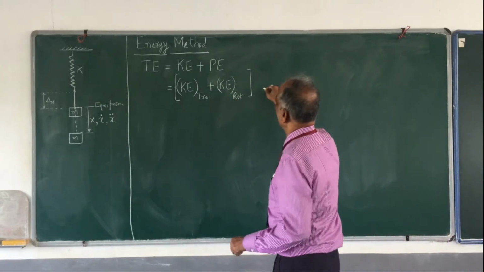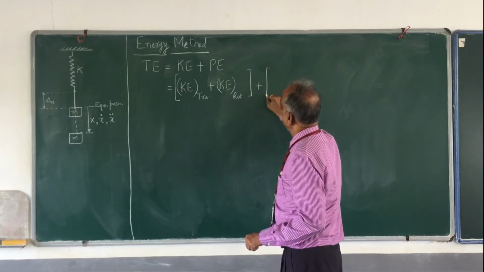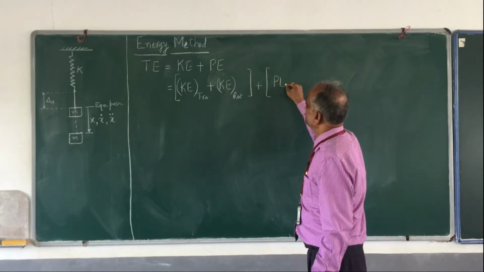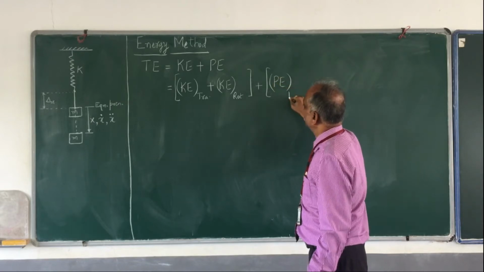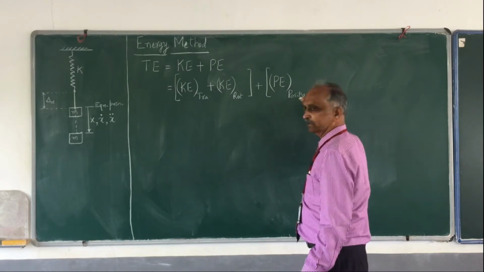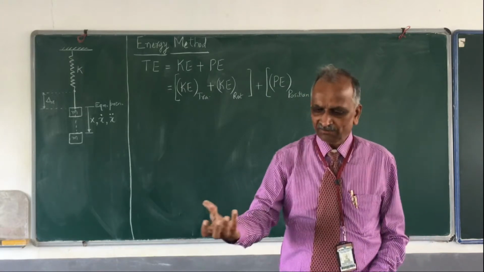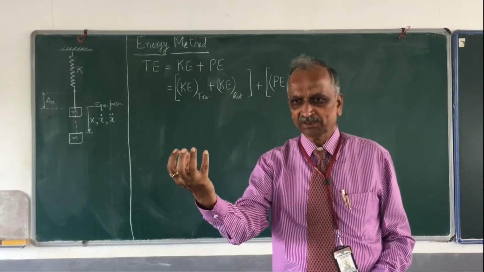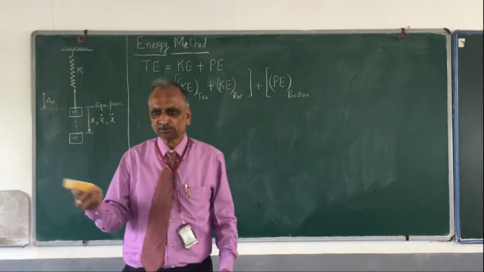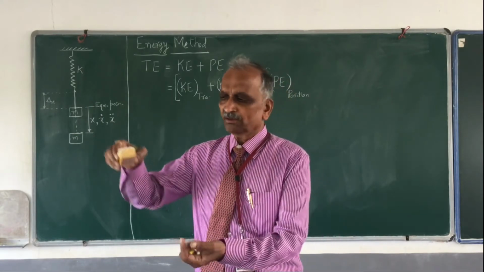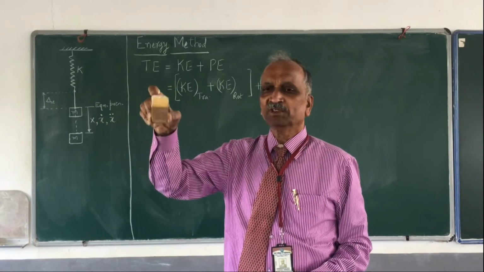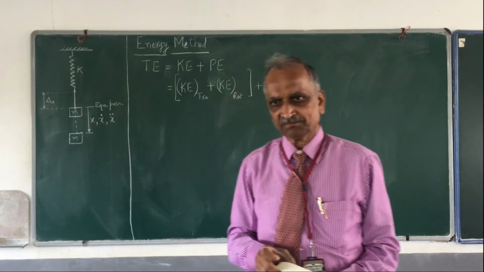Similarly, for potential energy there are two forms. One is potential energy due to the position of the body. Imagine I have a small stone, a duster like this. Consider the position of this body with respect to the center of the earth.